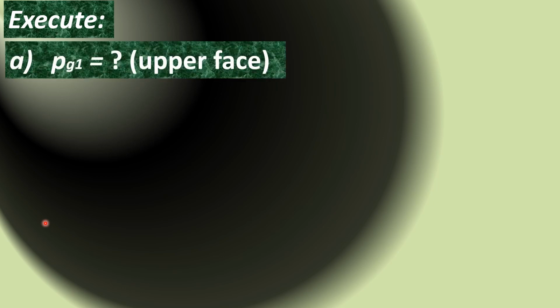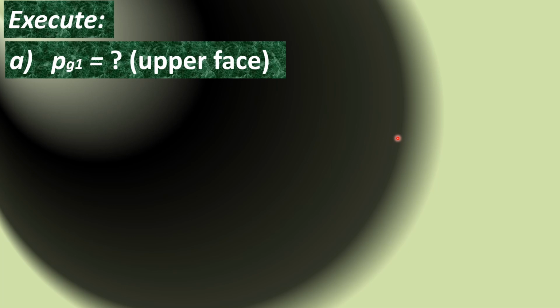Moving on now to our computations, starting with the gauge pressure at the upper face of the block. Our formula is P sub G1 equals density of oil multiplied by the depth h prime and acceleration due to gravity.